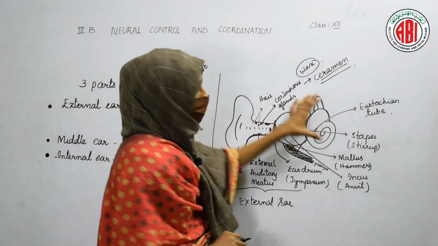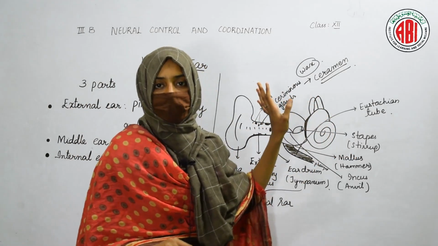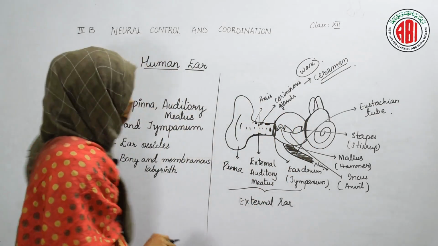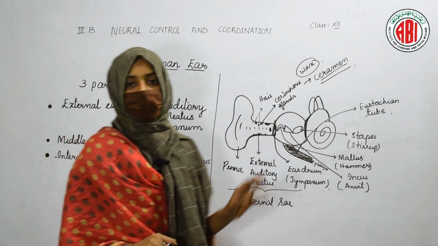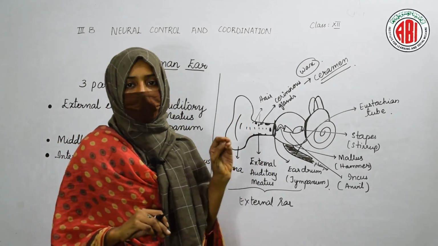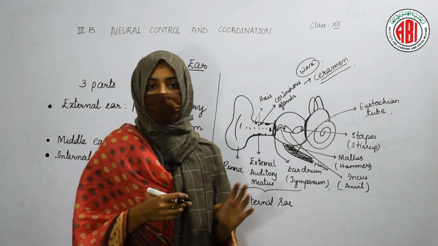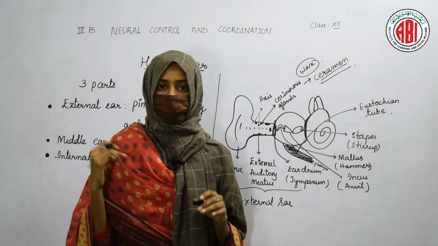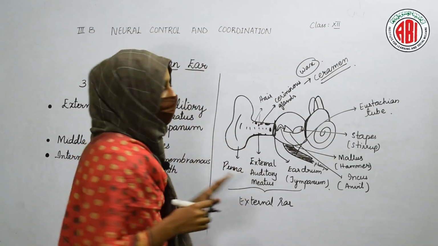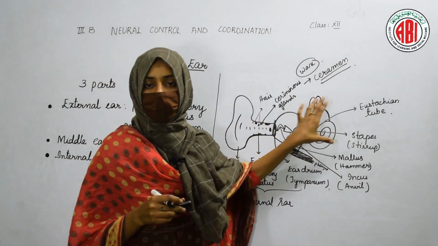After the middle ear, internal ear is present, and this internal ear shows two main parts, bony and membranous labyrinth. This internal ear is an important part of the ear, because the function of hearing is regulated by the internal ear only.